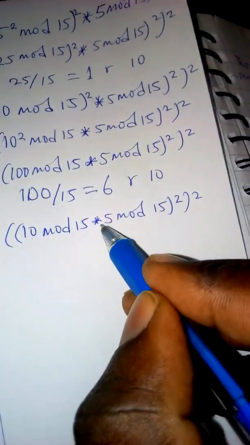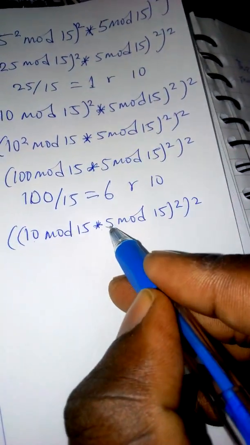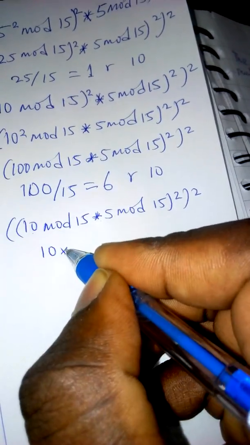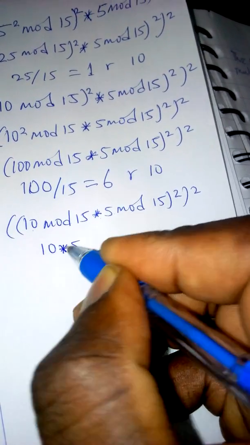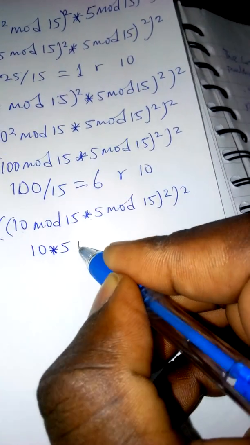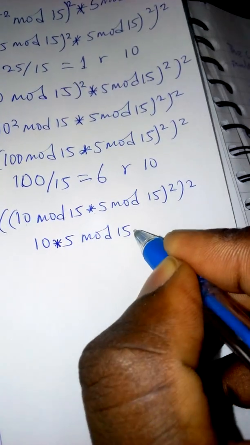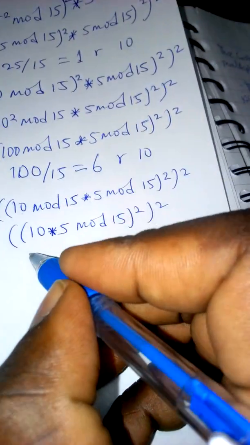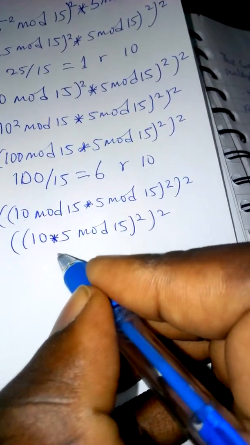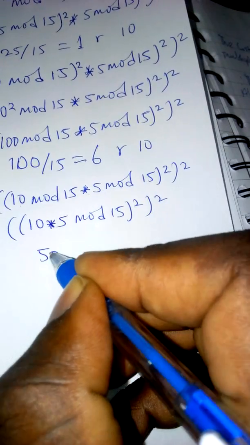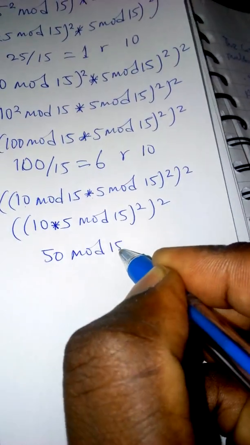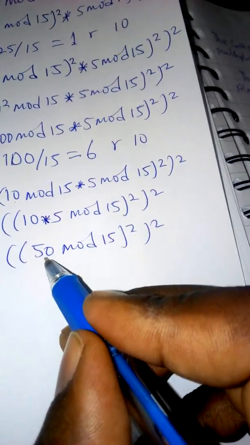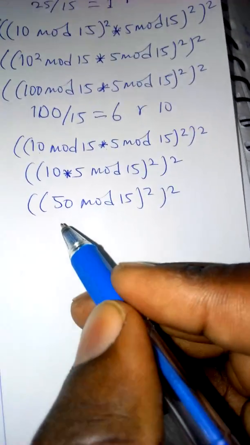Here we can bring them together and say 10 times 5 mod 15, then squared, close. 10 times 5 is 50, so we have 50 mod 15 squared.